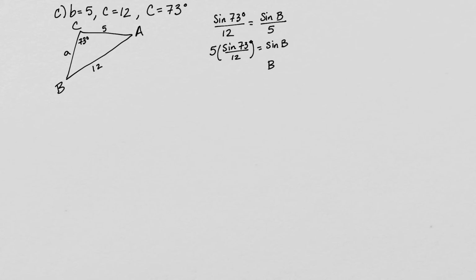And then to untrap it, we're going to use the inverse sine. So the inverse sine of 5 sine 73 degrees divided by 12. If you work that out, capital B ends up being equal to 23.5 degrees.